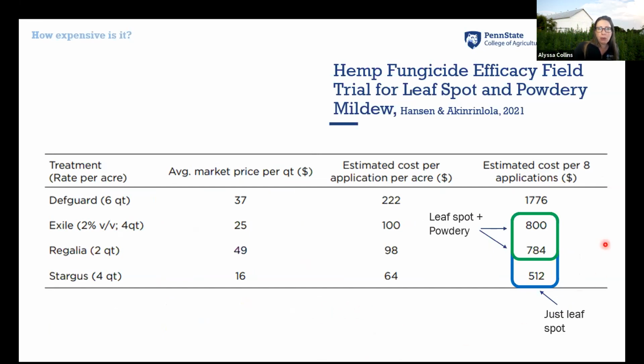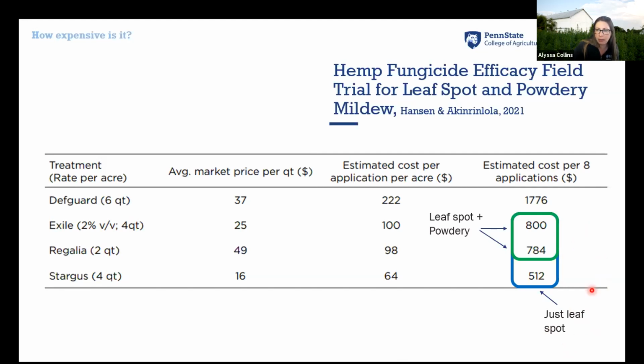We know that we got good control of both the leaf spot and the powdery mildew with Exile and Regalia. They helped us here. And we also got pretty good control from Stargus, just of the leaf spot.